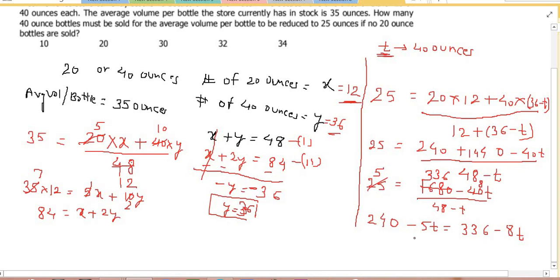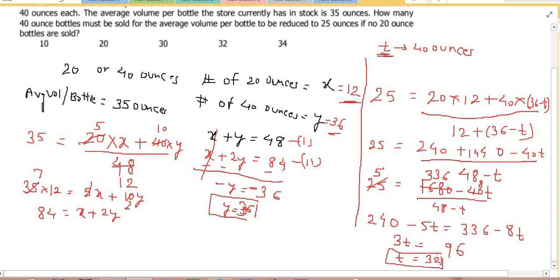Okay, so now let's solve. You will get 3t is equal to 336 minus 240 is 96. So t is equal to 32.